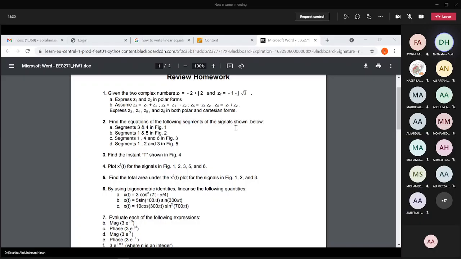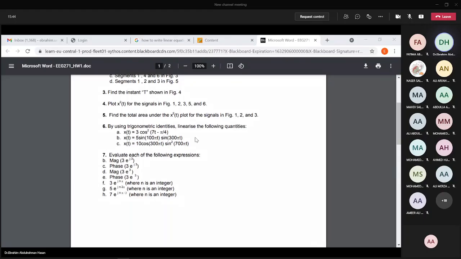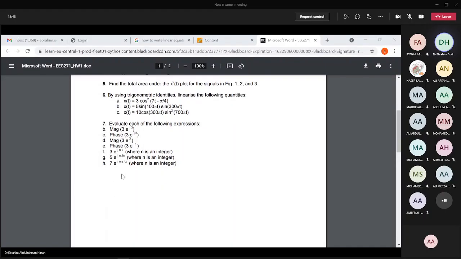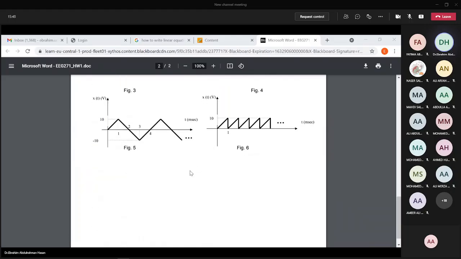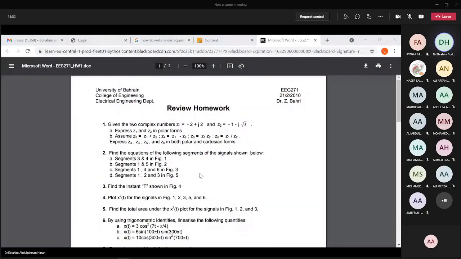Okay, so it is all in the revision: complex numbers, finding the equation, plotting x square, and using identities. You have all these, so you can start working on this homework or tutorial.